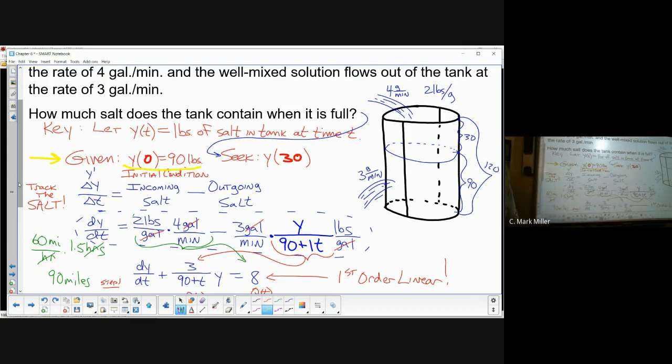It's asking for how much salt is in the tank when the tank is full. You figured out that there's 4 gallons a minute going in, 3 gallons a minute coming out. So there's 1 gallon per minute being added to the tank, to the 90 gallons that are already in the tank. The 90 gallons are growing by 1 gallon a minute.